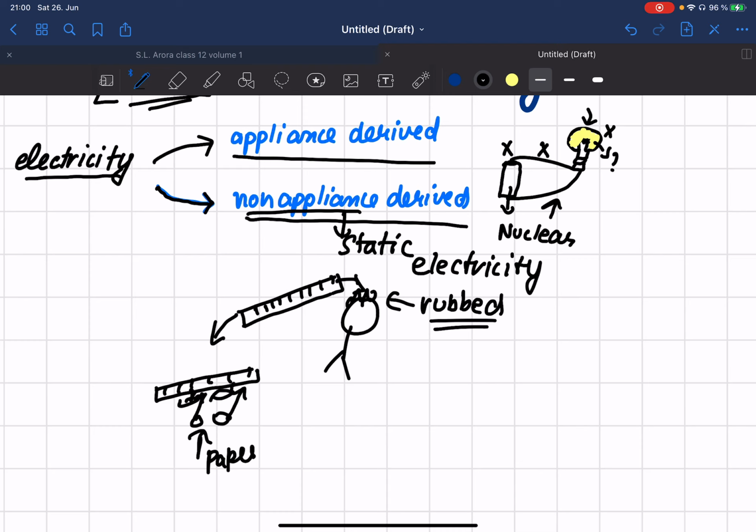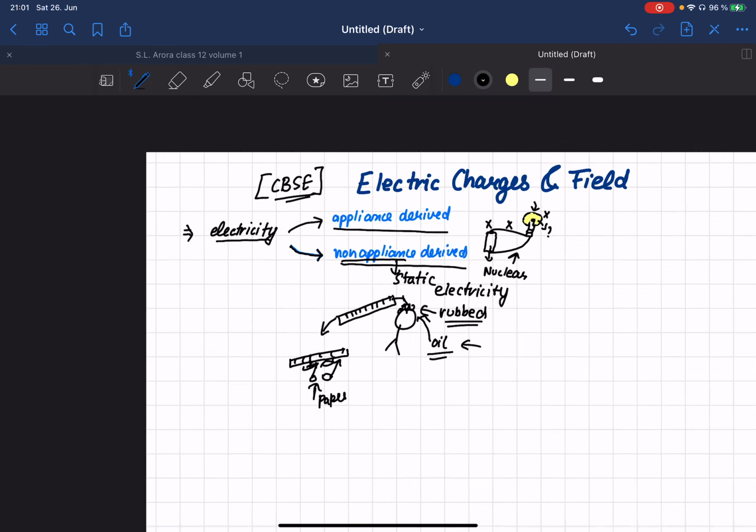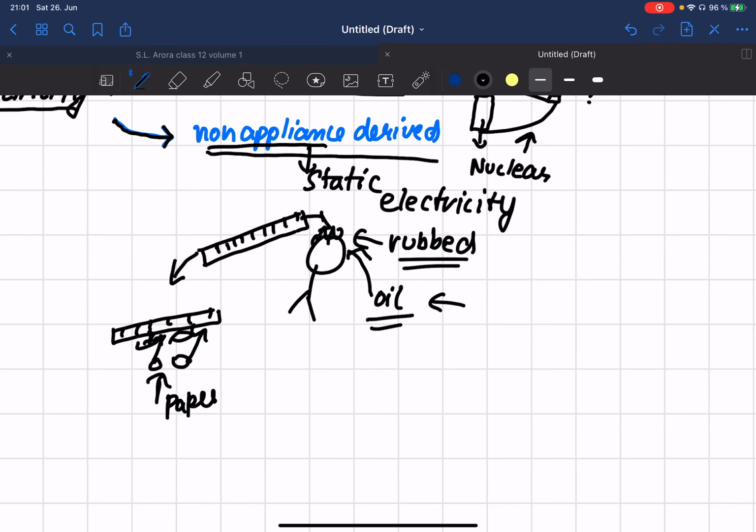If you apply oil, you increase the conductivity, and then when you touch it, the papers tend to attract faster than when you didn't apply oil. So oil here acts as a conductivity-increasing agent, and the static electricity increases because it increases the electricity produced by rubbing.